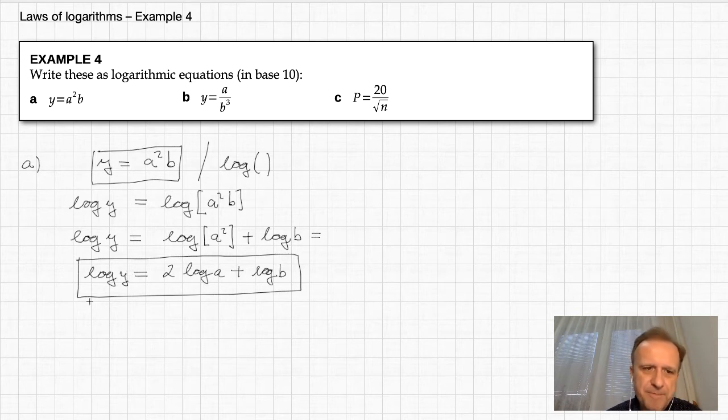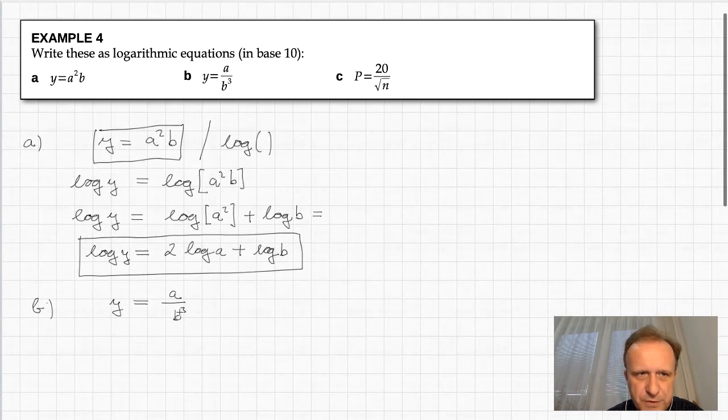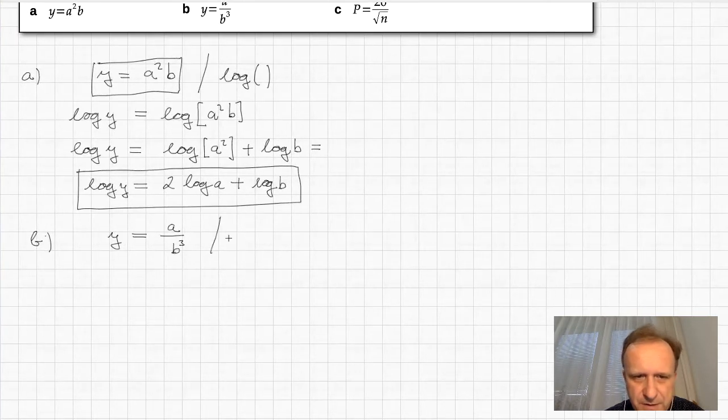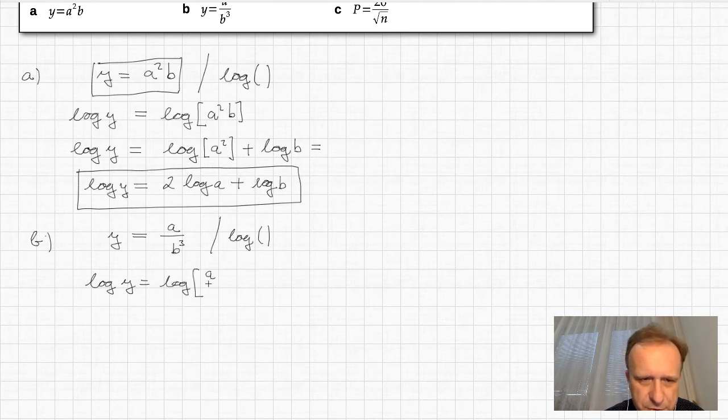In part B, we have the equation y equals a over b to the power of 3. So if we want to rewrite it using the logarithmic equation, let me take the logarithm of both sides. It's the decimal logarithm. So on the left hand side I have the logarithm of y equals, on the right hand side I have the logarithm of the quotient a over b to the power of 3.